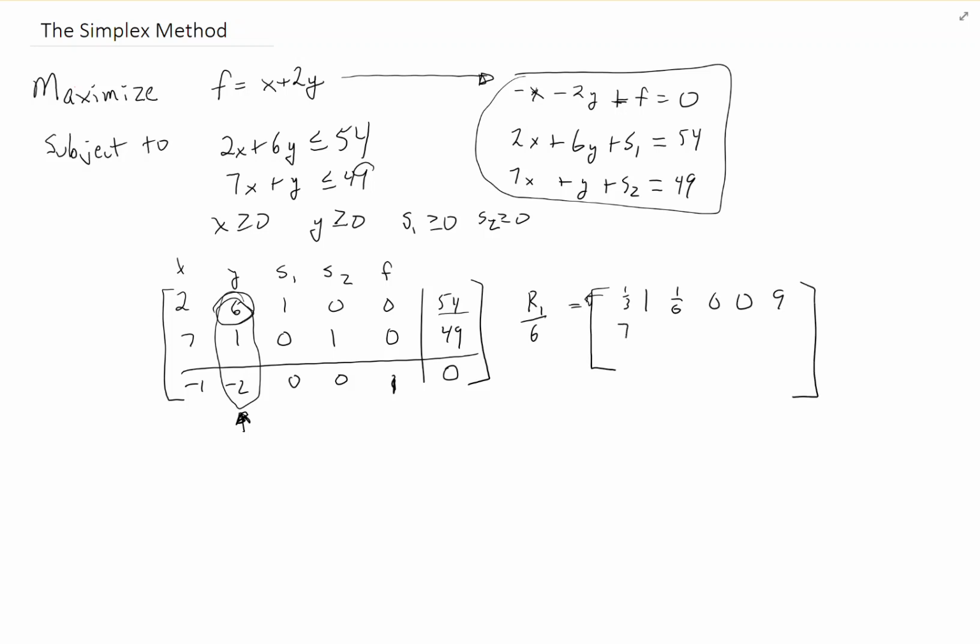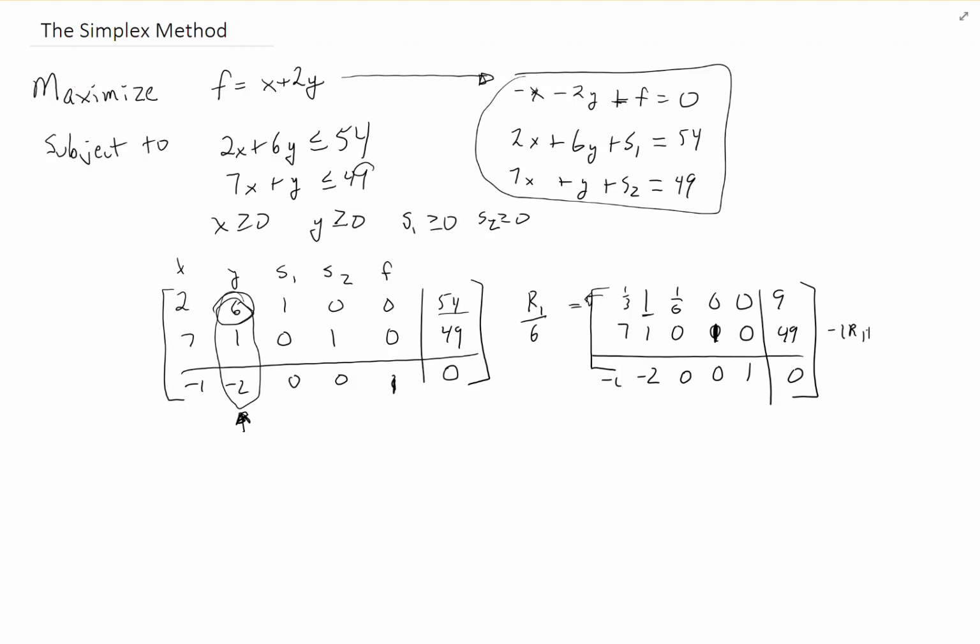And the second row I'm going to leave the same for now: 7, 1, 0, 1, 0, 49, and then the bottom row, minus 1, minus 2, 0, 0, 1, 0. All right, so 1 here is still my pivot. I want to make zeros underneath it, so let's do the row operations.